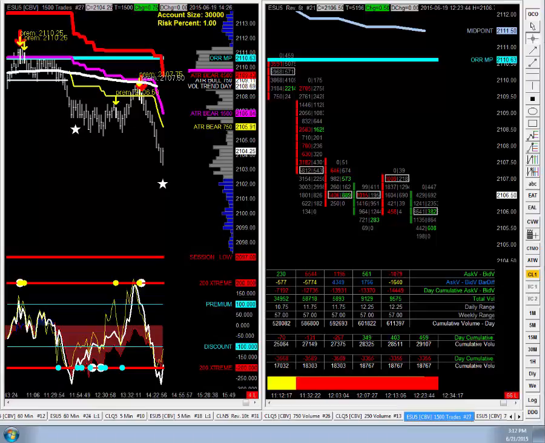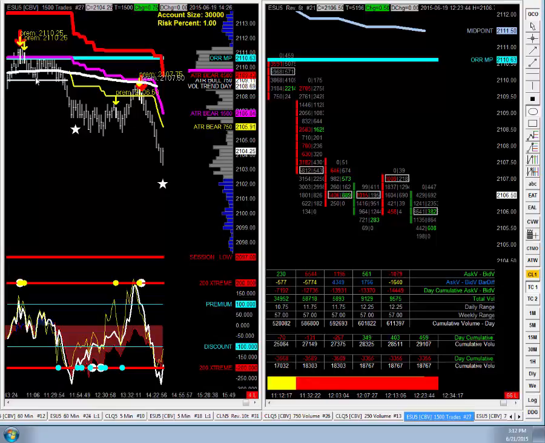So first thing we want to take a look at here is on the left side, we want to observe a few things. Number one, price structure is below the 5-minute opening range rotation midpoint, which is the cyan line, and you can see that corresponding here on the right hand chart as well.